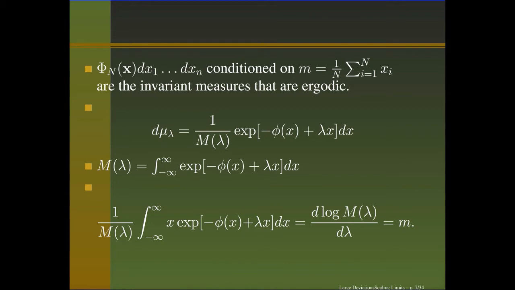You can check that the mean is computed explicitly as the logarithmic derivative of the normalizing constant, and this expresses the relationship between m and lambda. As capital N goes to infinity, the conditional distribution will converge to the product measure corresponding to lambda.